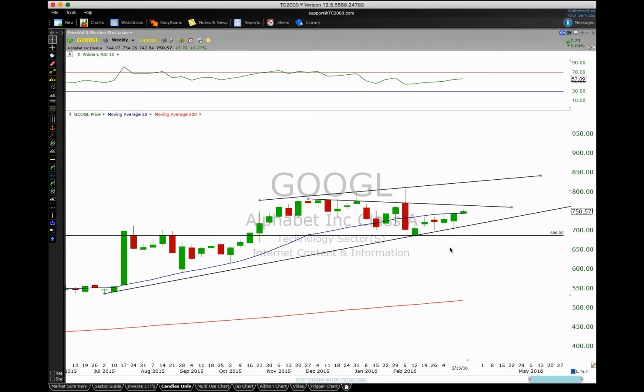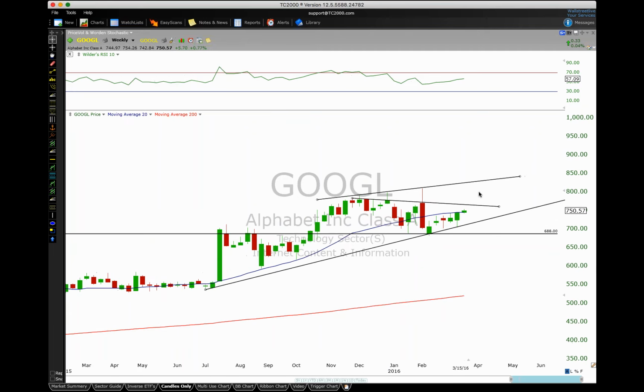Now, if the SPY goes all the way up and everything moves up 900 points, guess what's going to happen? We're going to come up to the 827, and 827 falls in line with the daily trend line that I have drawn. I just know the numbers in my head because I do this all day long.